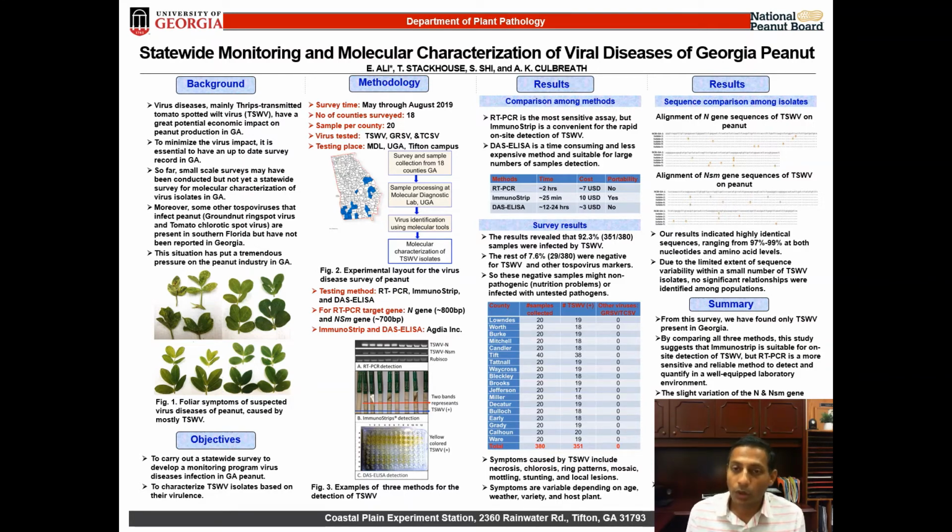Further, we compared some of our TSWV isolates with NCBI-submitted sequences for Georgia isolates, and our results indicate that for both the N gene and NSM gene, the sequence identity ranges from 97 to 99% at both the nucleotide and amino acid level.